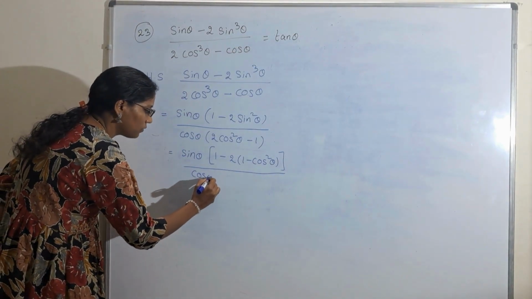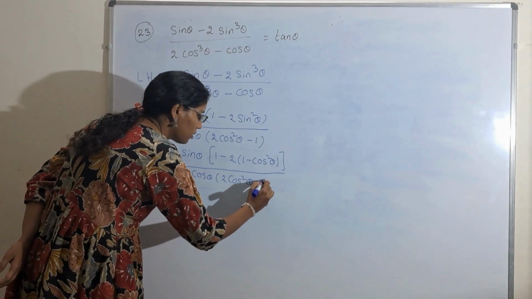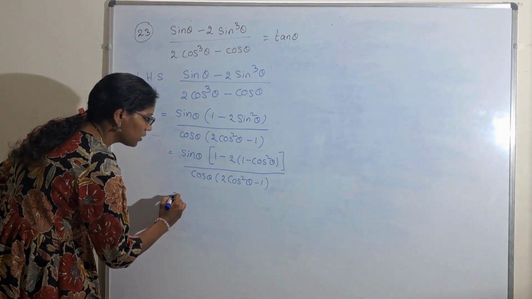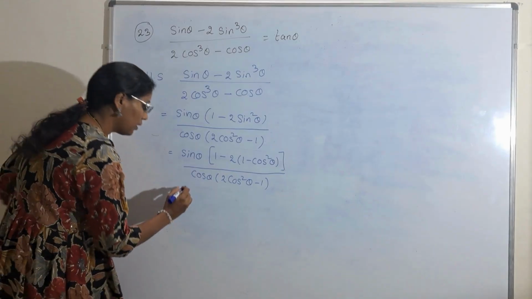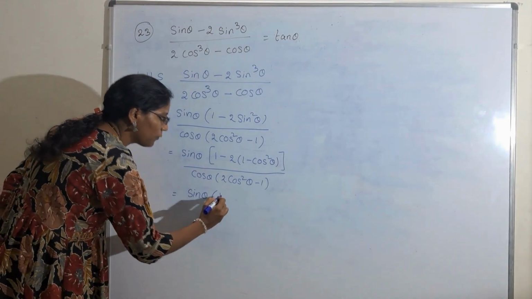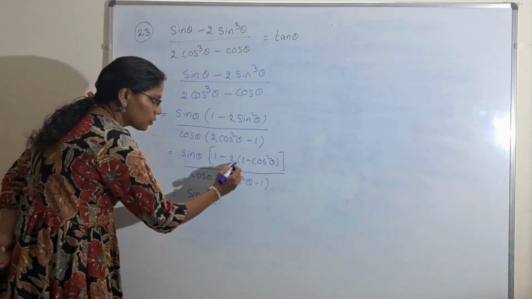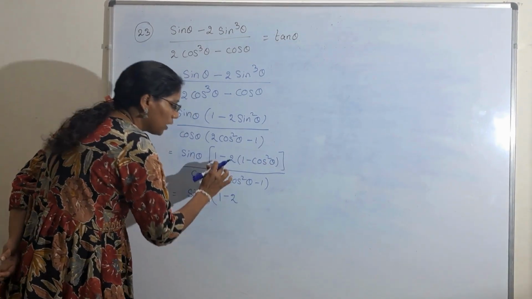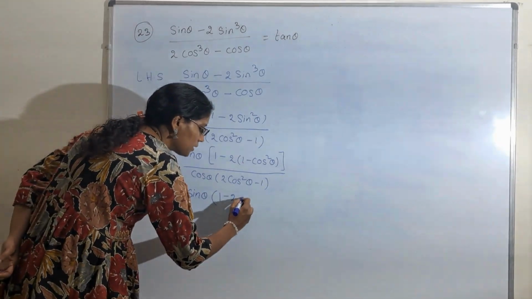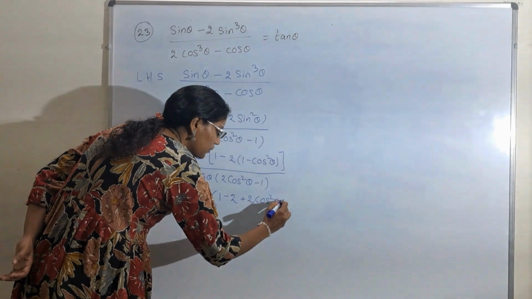Cos theta of (2 cos square theta minus 1) is equal to sin theta of 1, this bracket we have to multiply with minus 2. Minus 2 into 1 is minus 2, and minus into minus is plus 2 into cos square theta, so 2 cos square theta.